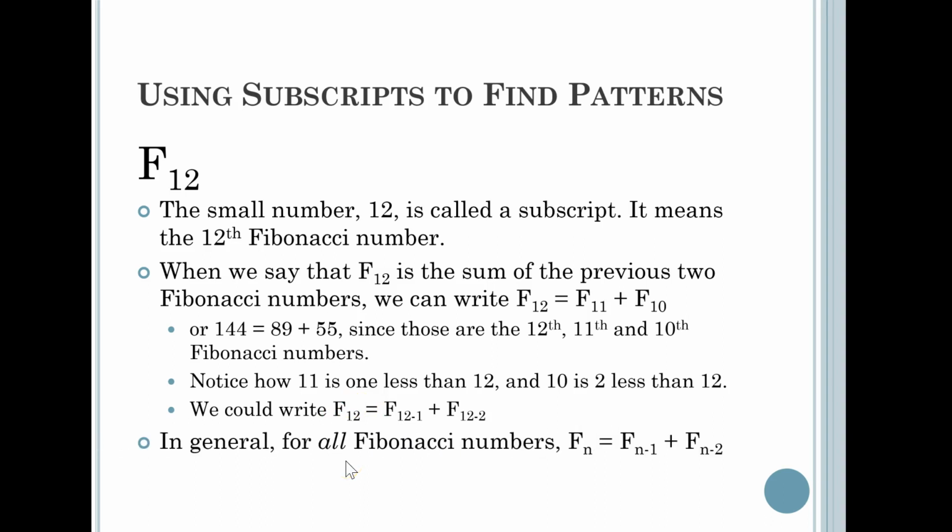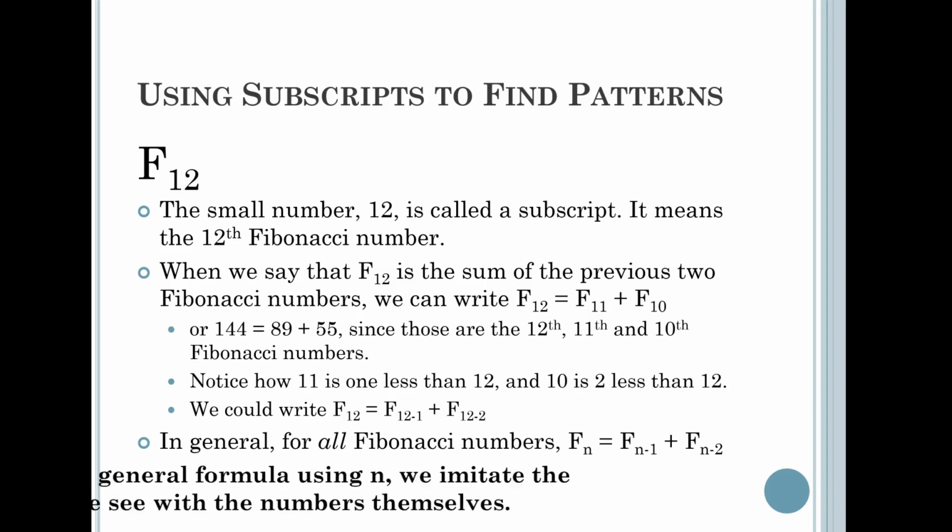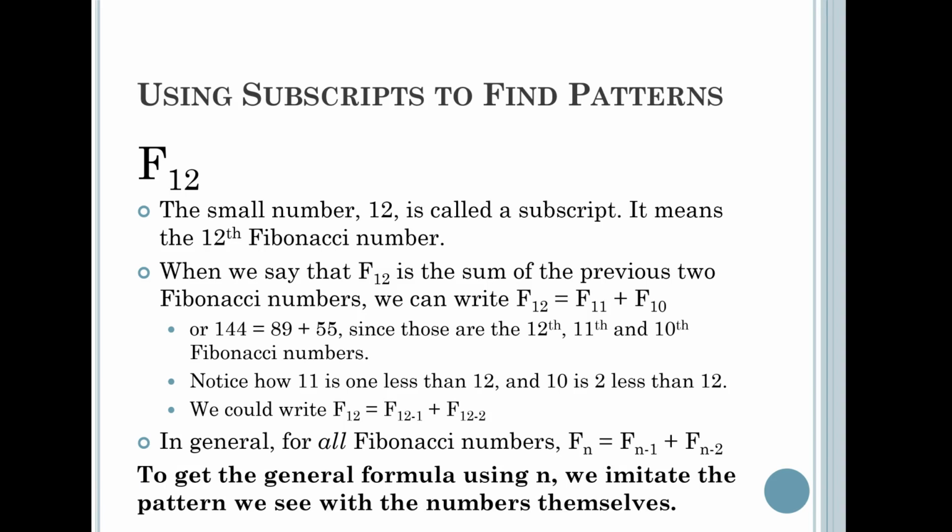We're going to have Fn, Fn minus 1, just like 12 minus 1, and Fn minus 2, or 12 minus 2. In general, that's how you get a formula. You imitate what's happening with the numbers with your variable. That's what we're going to do throughout the next couple of examples.